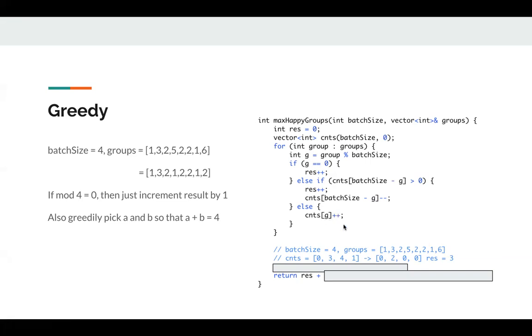So after this initial process, we know batch size is 4, and this is our initial groups. After the process, counts is 0, 2, 0, 0, and result is 3 now.